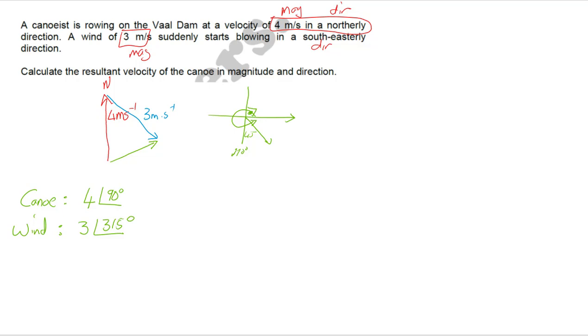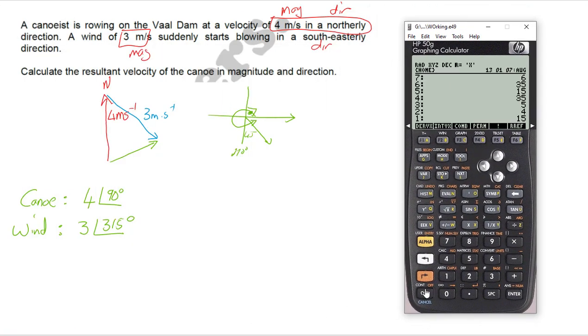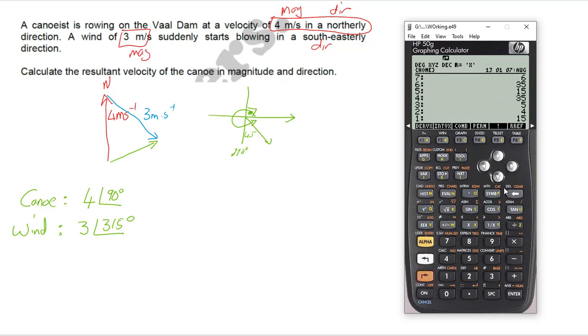So what do we do? We're going to call up our calculator. Calculator is called up. Let's bring it into screen here. Make sure your calculator is in degrees. If it's not in degrees, it won't work very well. Okay, so we'll enter the first vector of the canoe, and that is 4 at an angle of 90 degrees.